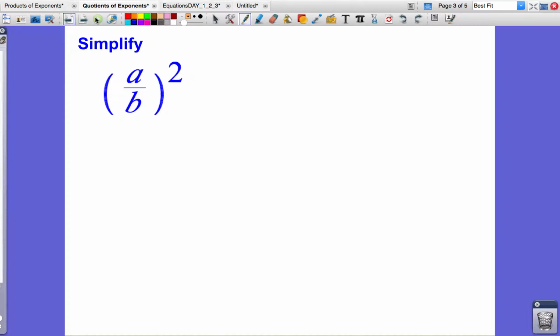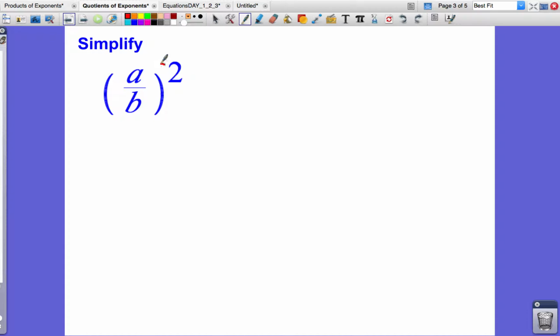Okay, now let's change this up just a little bit. Now I have a divided by b, and all of this is raised to the second power. If we remember from when we did multiplying exponents, when we have the exponent outside the parentheses and multiple pieces inside, all of it is being raised to the second power.